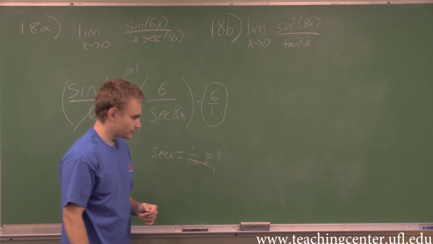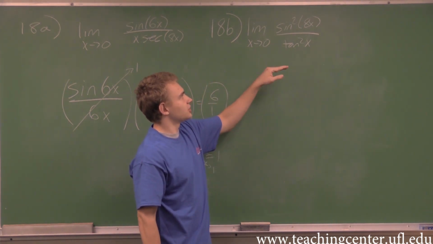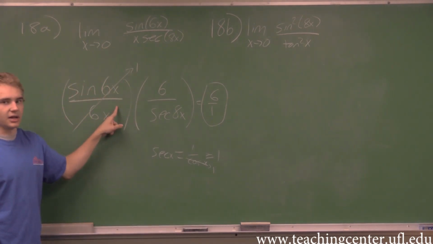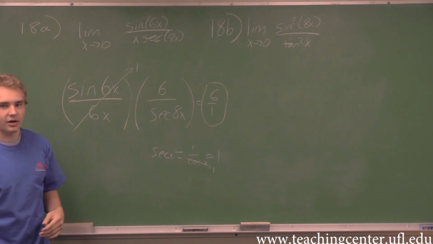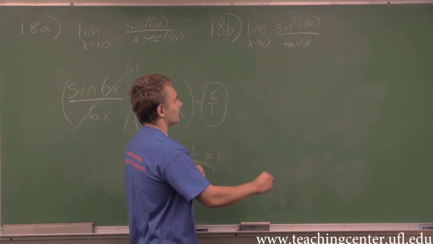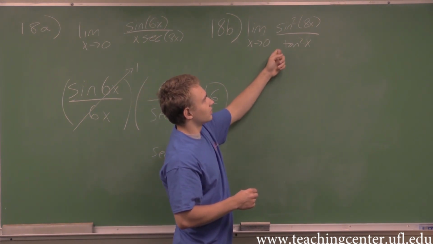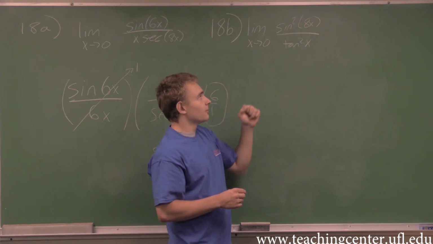Let's move on to part B. So I'm in a pretty similar situation. I want to get this identity. It would be great, so I could kill that sine over there and life would be awesome. But to do it, I would need an 8x on the bottom, and I need 2 of them, because it's a square.